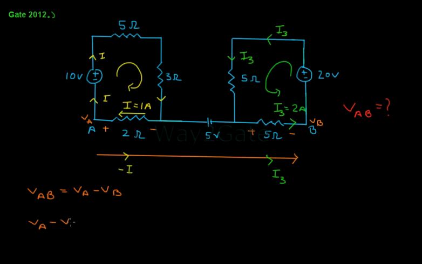VA minus VB minus, due to voltage drop, 2 into minus I, that is minus 1, minus 5 due to voltage drop as current travels from positive to negative terminal. Then minus, due to voltage drop across the 5 ohm resistor, 2 into 5 is equal to 0.